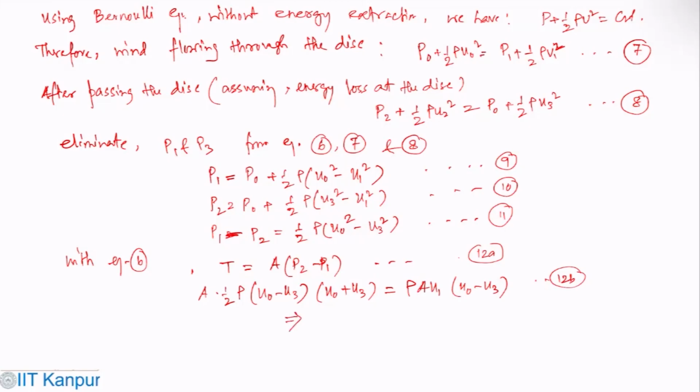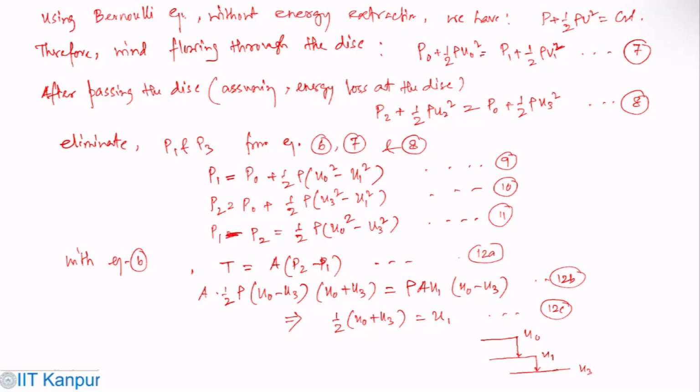So that's half of (U0 plus U3) equals U1, which is 12C. So what happens is that basically if you look at this, there is a drop, then another drop. So this is U3, this is U1, this is U0.